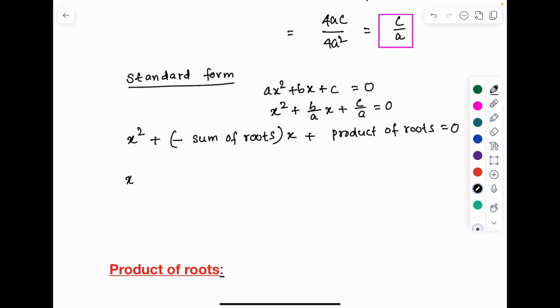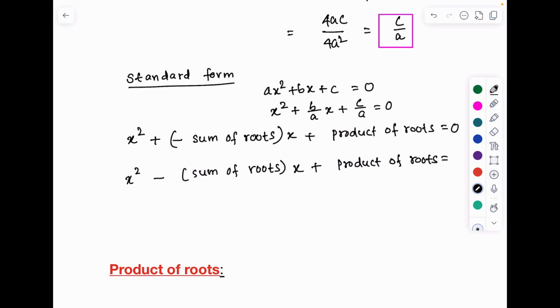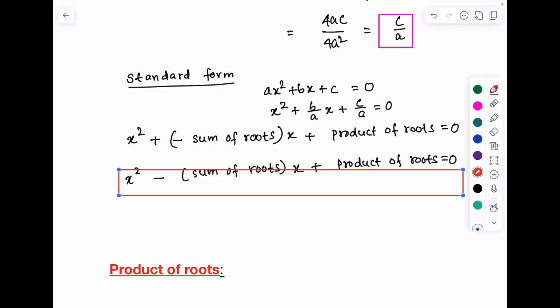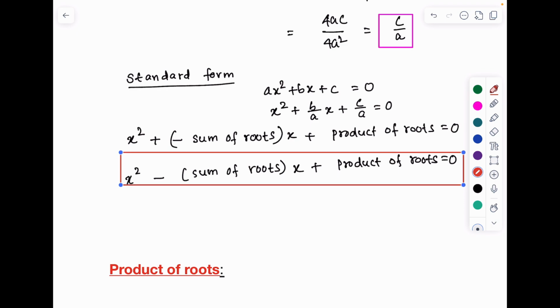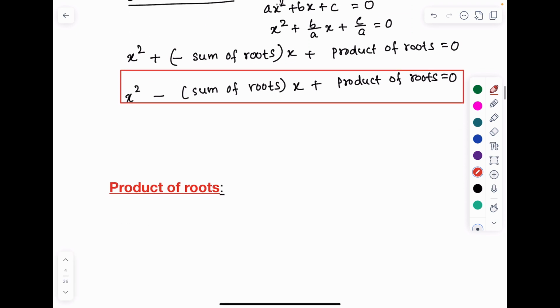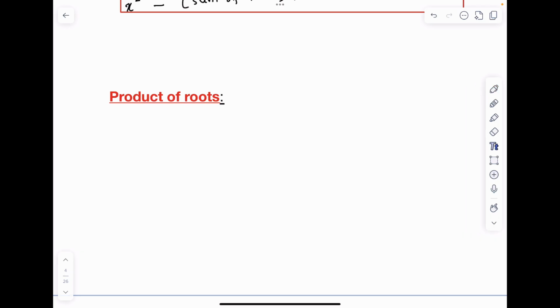For the formation of a quadratic equation, if two roots are given, then we can write it as x square minus the sum of the given roots multiplied by x plus the product of roots is equal to 0. That is the standard form we can get when two roots are given.